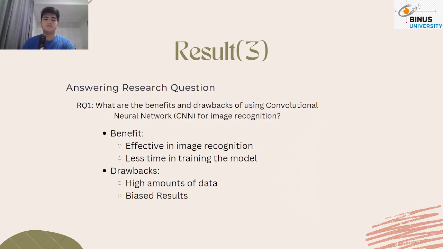And we come to the third phase of our results, where we answer the formulated questions that we have made. From the first question, what are the benefits and drawbacks of CNN for image recognition? CNN has its own benefits, which are that it is effective in image recognition, and it takes less time in training the model because CNN has transfer learning capabilities.